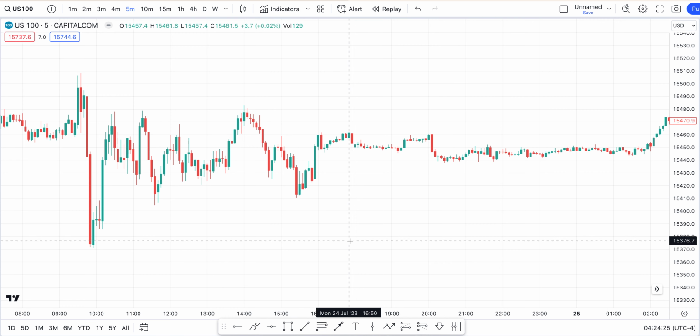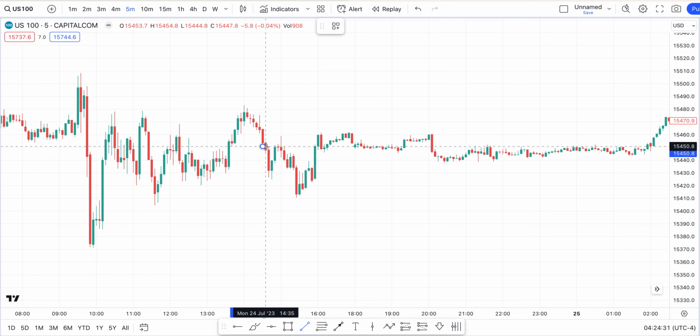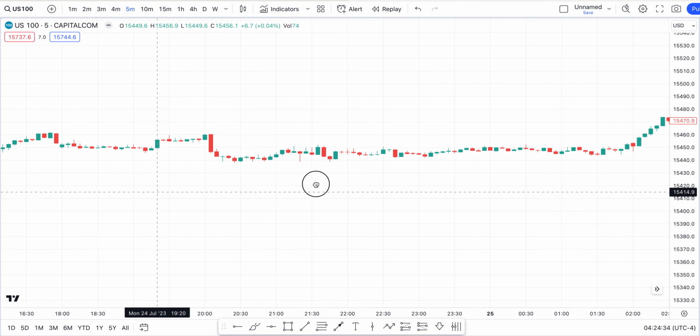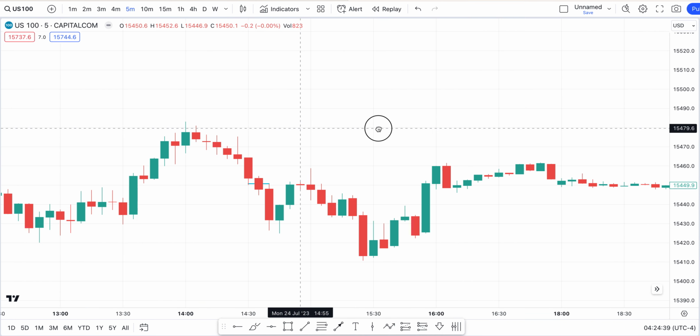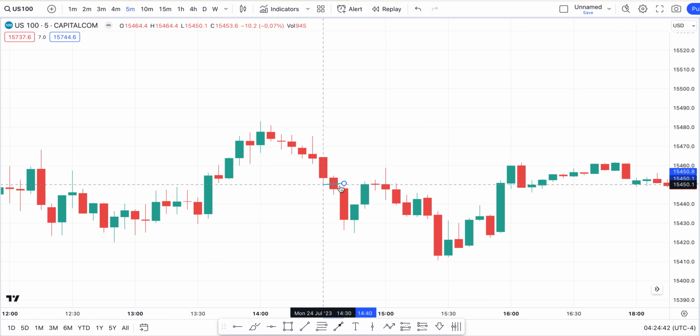Like here for instance. Right there. This low comes in at 15,464.4 and this high, this candle comes in at, this low comes in at 15,450.1 and this high of the candle comes in at 15,450.7.